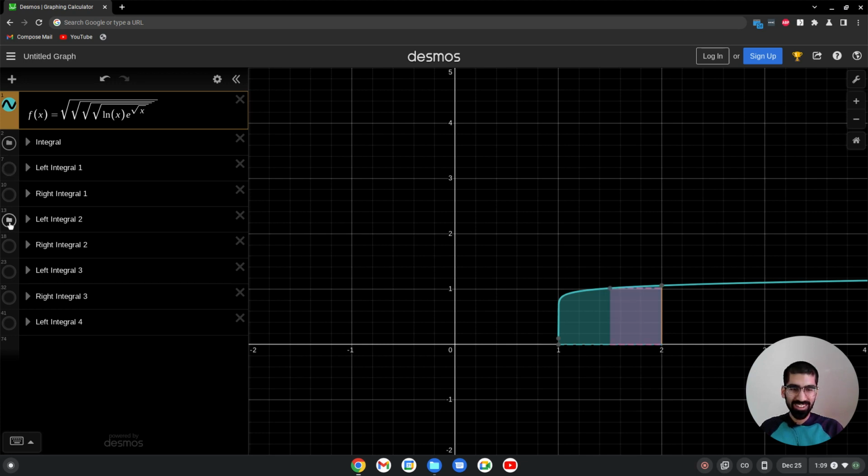So we're creating more and more rectangles underneath the curve so that we can approximate the area of whatever this mess is. And there is no way that we would have been able to use formulas, or wanted to use formulas, to clean up some mess like this.